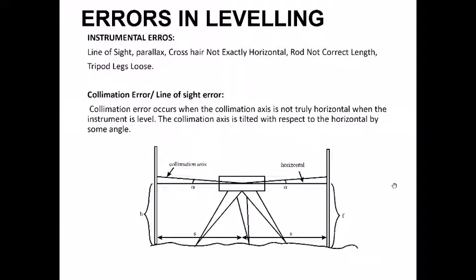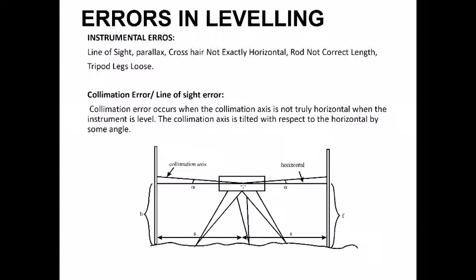And then we have the line of sight or collimation error that I wanted to discuss. So this error is that when you level your instrument, that means that the line of collimation or the line of sight is completely horizontal. That means this line is tangent to the level surface or the level curve.